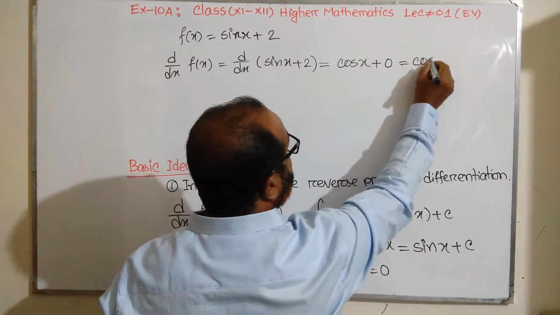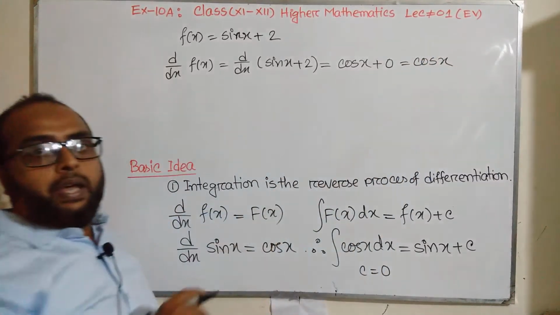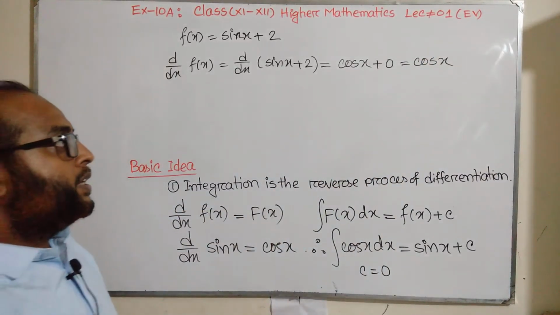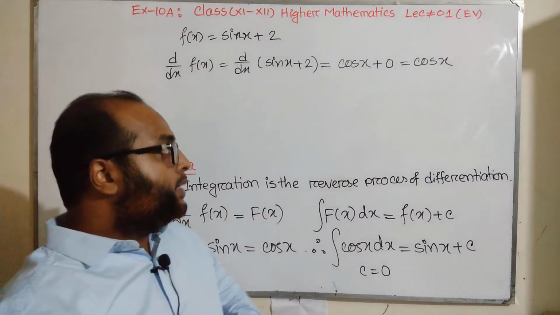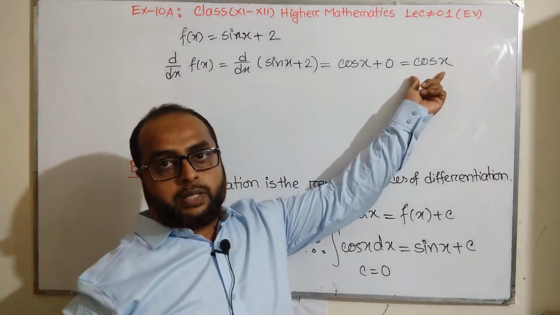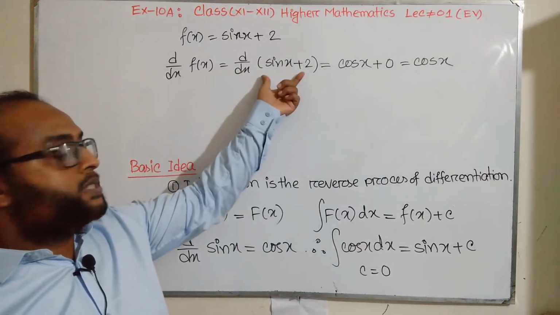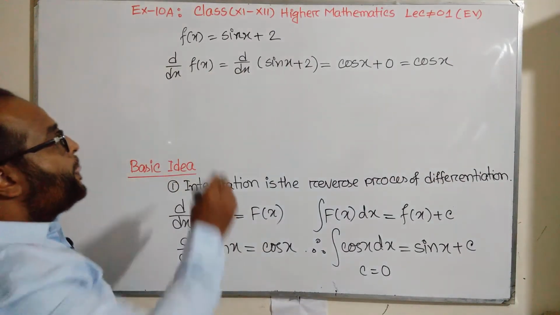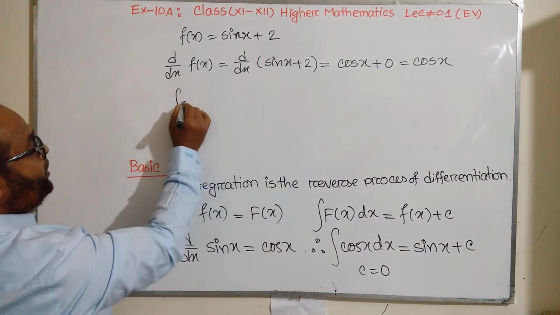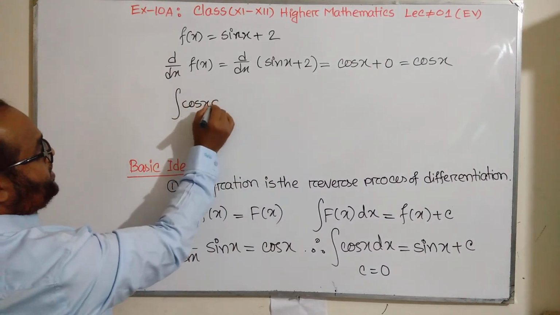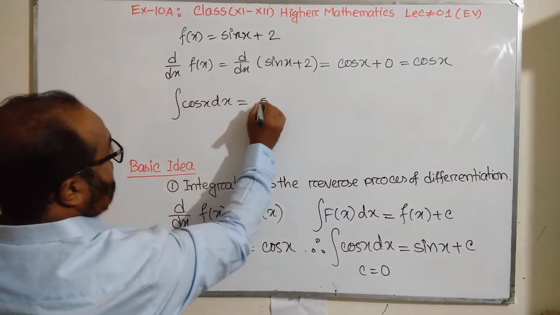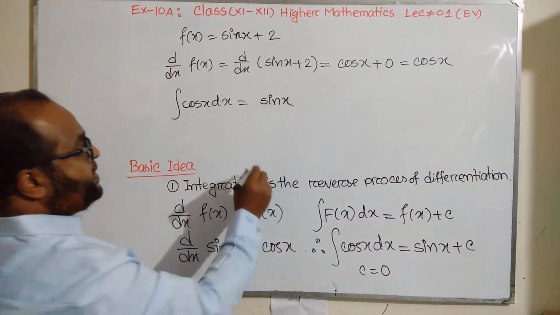Finally we got cos x. That means if we integrate this cos x, we will get the function f(x), that means sin x plus 2. So the integration of cos x dx equals sin x.